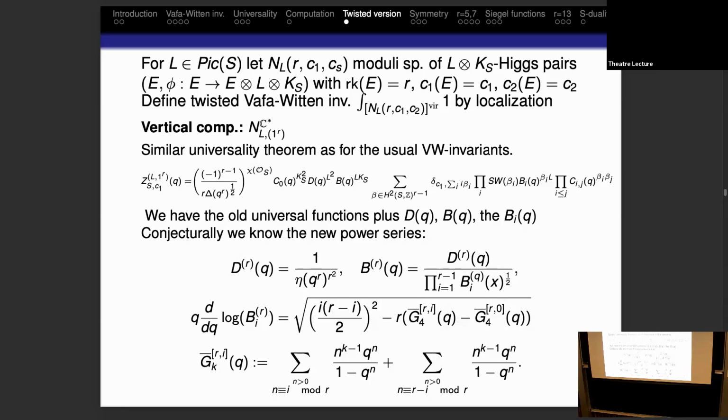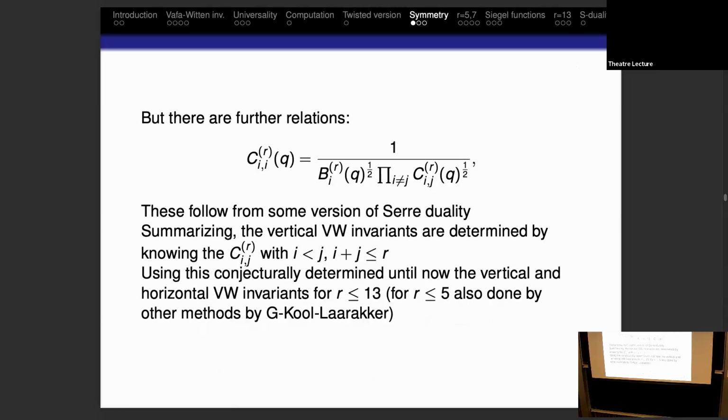But there's one other thing, namely, there are also further relations. We also find that the C_ij are expressible in terms of the others. This means we actually get something for free: a number of our unknown power series we suddenly know by just introducing new invariants.